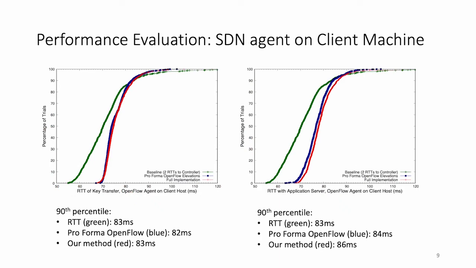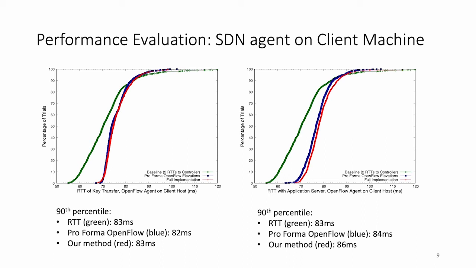We also evaluate the performance when we move the SDN agent from the physical router to an on-host device. We do this because we believe that this can be another usage scenario of our system. According to the two figures, the blue line stands for the SDN architecture itself. It adds only up to 1 millisecond to the original round-trip time, which is shown by the green line on the figures.